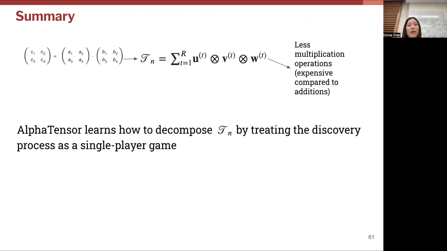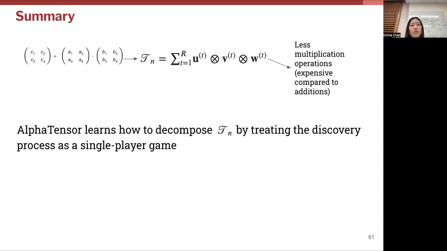Okay, so a quick summary of my presentation. We talked about why AlphaTensor wants to work on improving multiplication, because multiplication is expensive. And we talked about how we can improve multiplication by substituting certain products with addition.